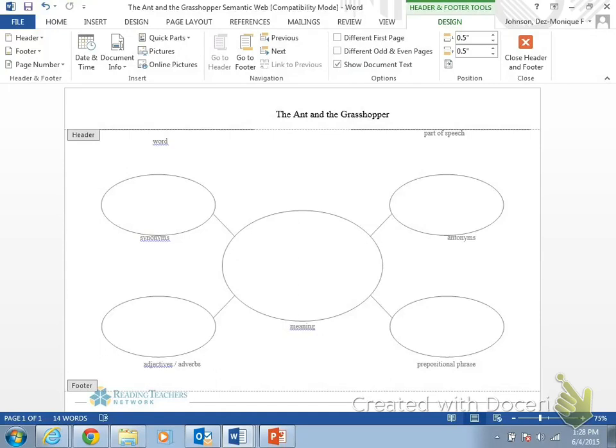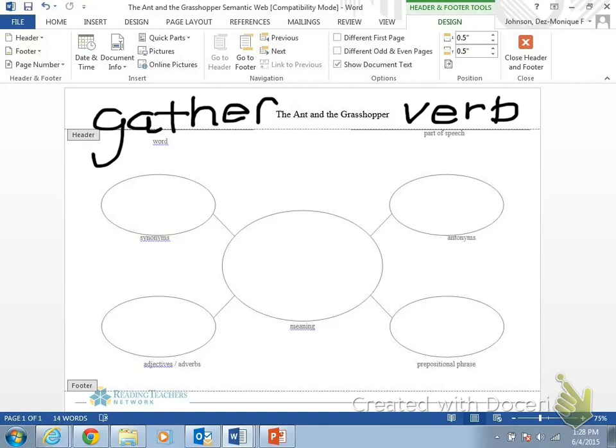Get your pencils ready and we're going to write G-A-T-H-E-R. Gather. All right, now we're ready to fill in the part of speech. What part of speech did we say gather was? Yes, a verb. So go ahead, get your pencils ready, and write in verb. V-E-R-B. Verb.